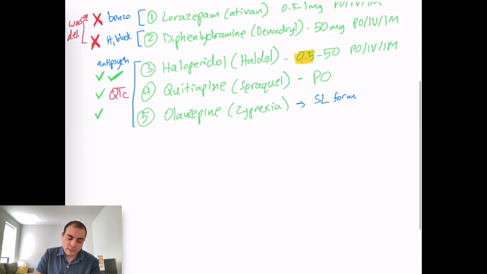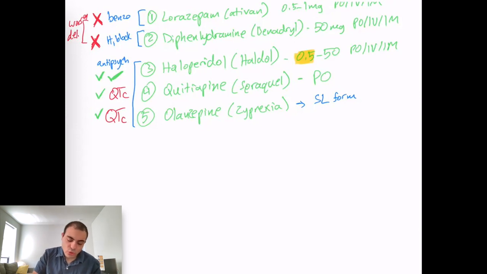Remember, QTc, QT prolongation. All of them do prolong QT, but the one that prolongs QT the most is olanzapine. Haloperidol has the least effect on QT. Okay, so it's important for you to remember.